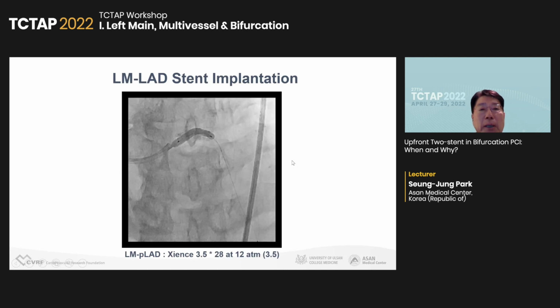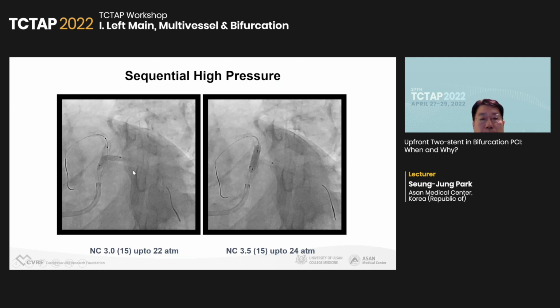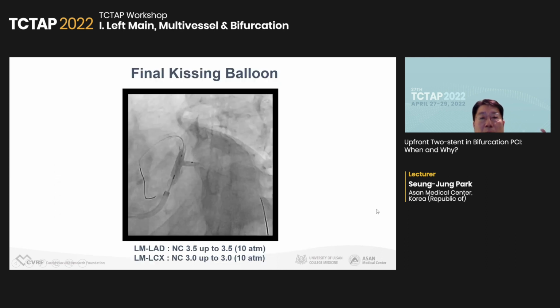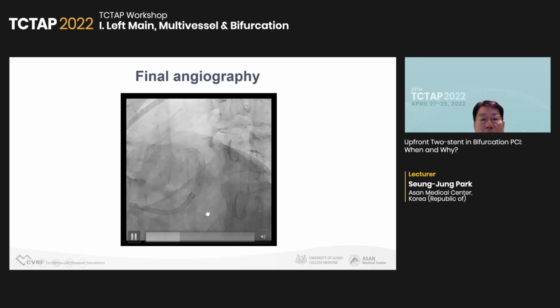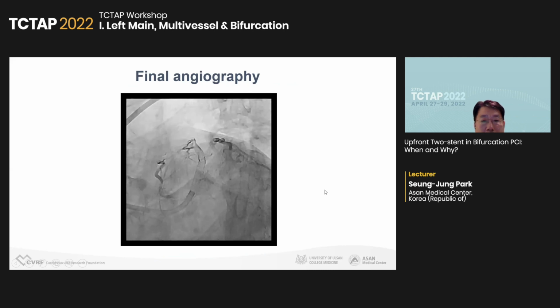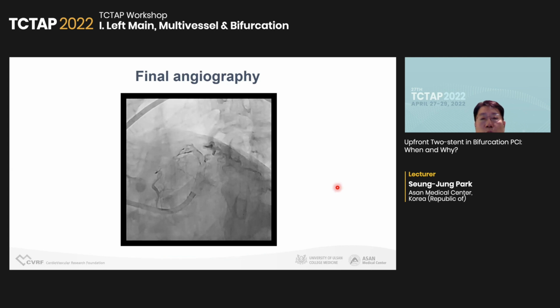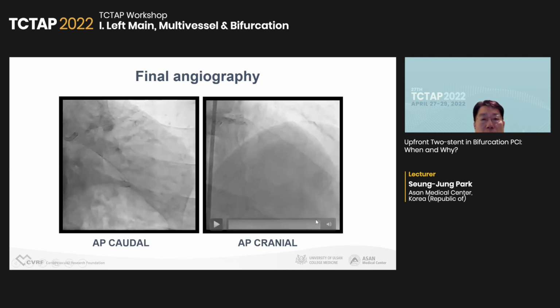All right, and then we deploy the main vessel stent implantation and NC balloon high pressure inflation sequentially, circumflex and LAD, and final kissing balloon inflation 3.0, 3.5, high pressure. Sometimes you deploy 20 atmospheres or more than that, and then we can get the final result like this. It's a very good angiographic result for the true complex main bifurcation disease.